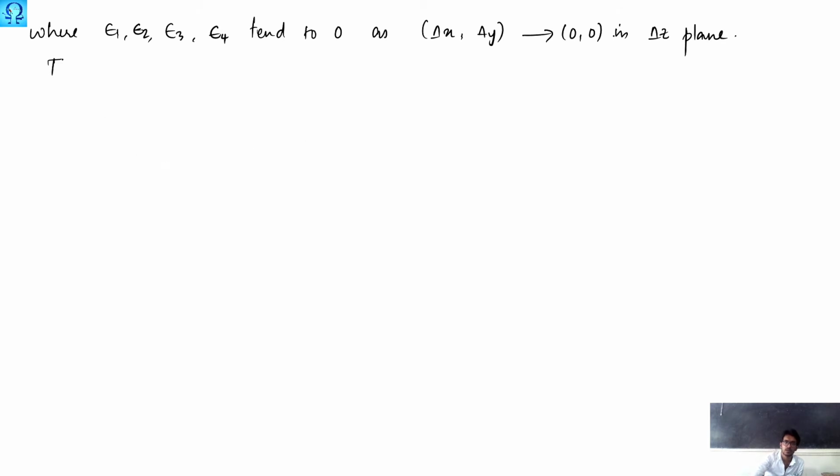Therefore, now our delta w becomes what? Actually this is delta u plus i times delta v.